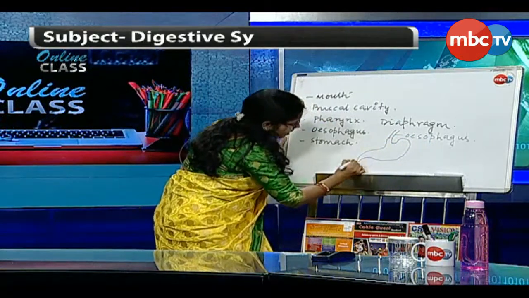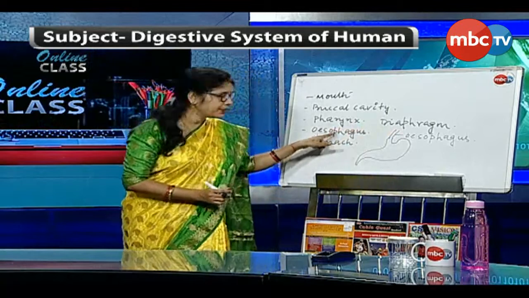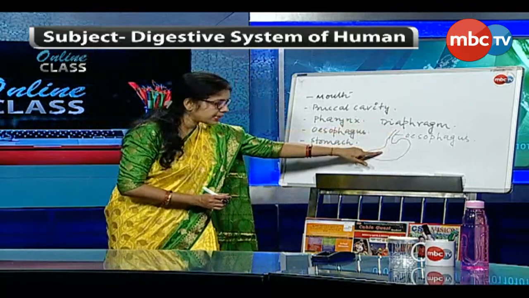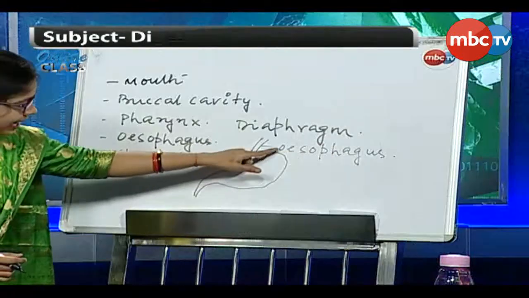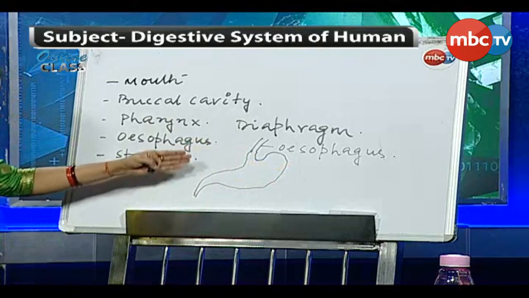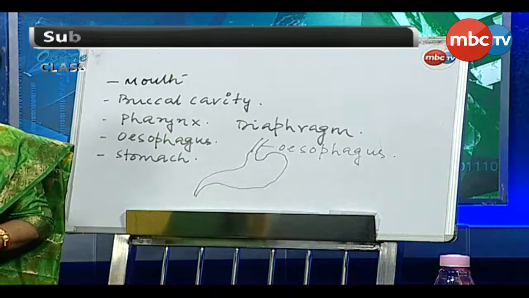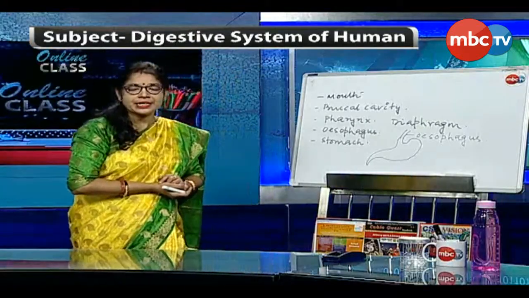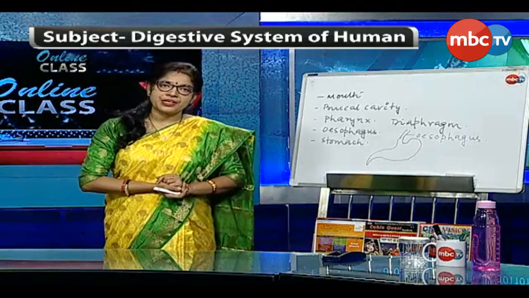The esophagus, which is also known as food pipe, leads into the J-shaped structure that is known as stomach. Stomach has a convex side and a concave side. These sides are known as the curvatures of the stomach. The curvatures may be greater curvature or they may be lesser curvature.